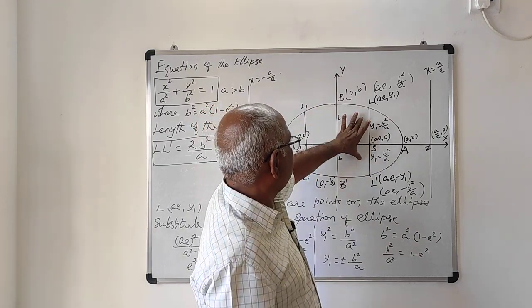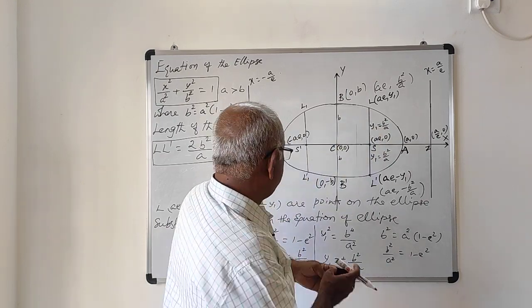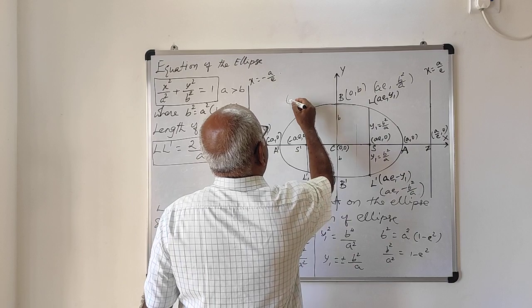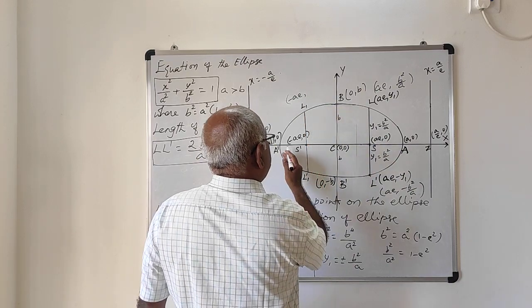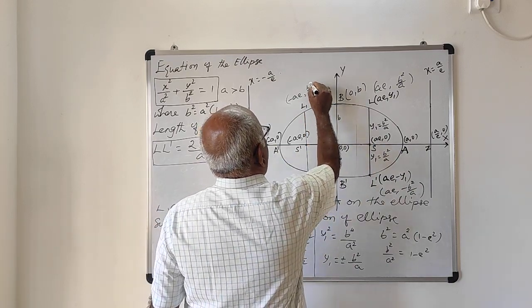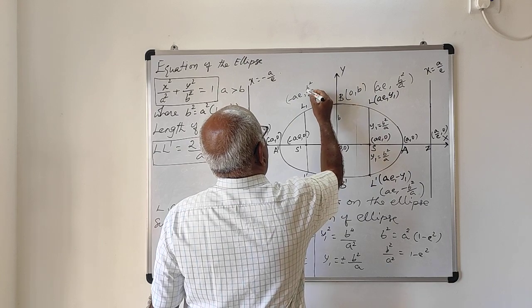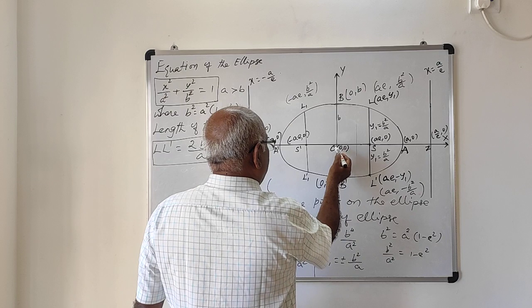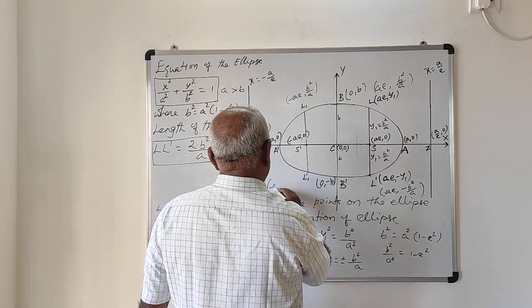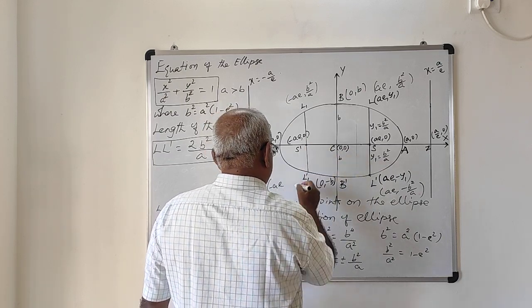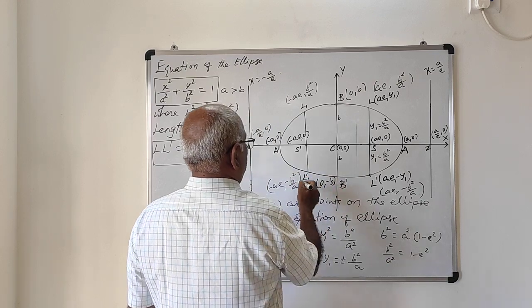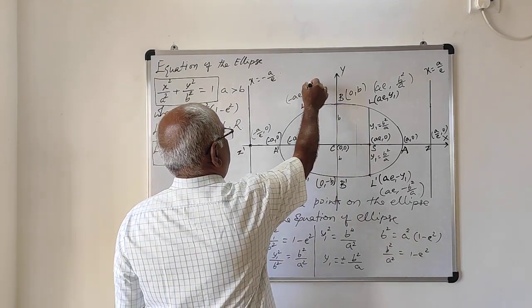So the length of the latus rectum is 2B square by A, whereas on this side the x coordinate of L1 is minus AE. The endpoints are minus AE comma B square by A for L1, and minus AE comma minus B square by A for L1 dash.